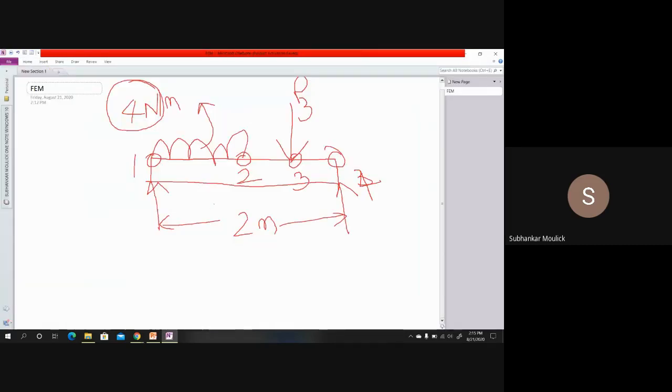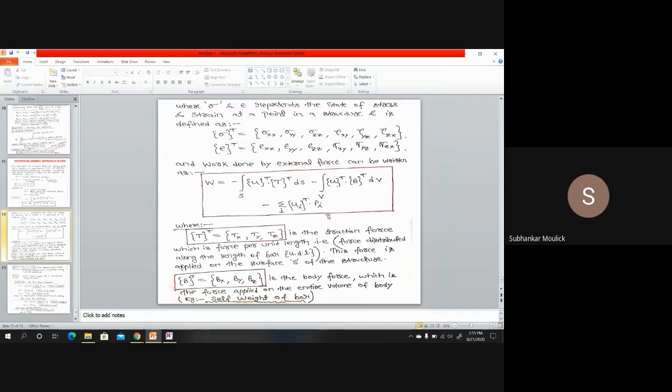If I have not told in this problem that there is any body force, that means if the self weight of the beam is not taken into account, I will not take that body force. If the self weight of this beam is taken into account, then I will take that body force and integrate it. And the last portion is your work done due to point load. What is this i? i represents the node where you are applying the point load.